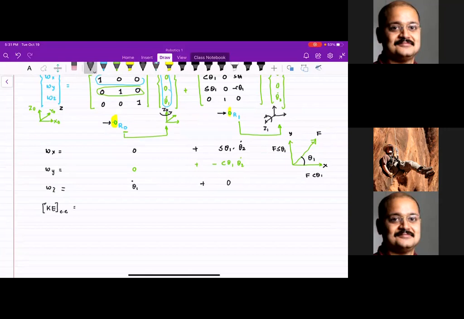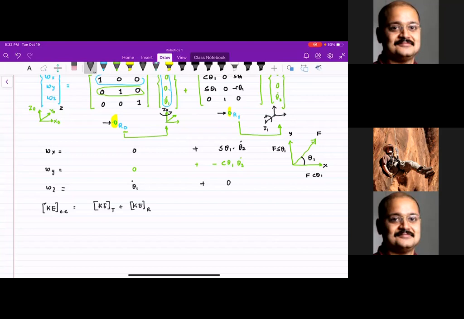It's always kinetic energy of translation plus kinetic energy of rotation.